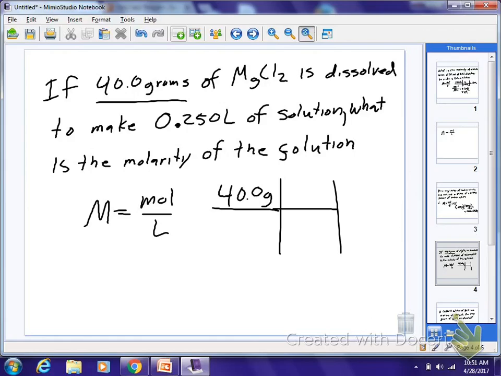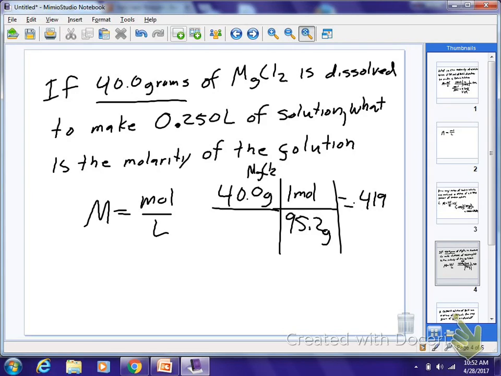The mass of that's 95.2. I rounded it. You guys can take it out further, that's fine. That's equal to 1 mole of MgCl2. So then you come up with an answer of 0.419. Again, you might take yours out a little bit further.